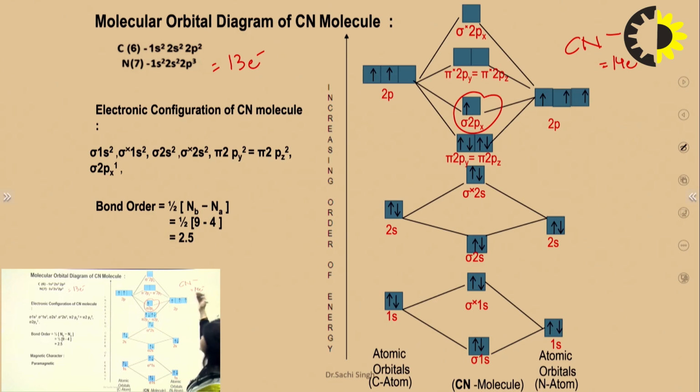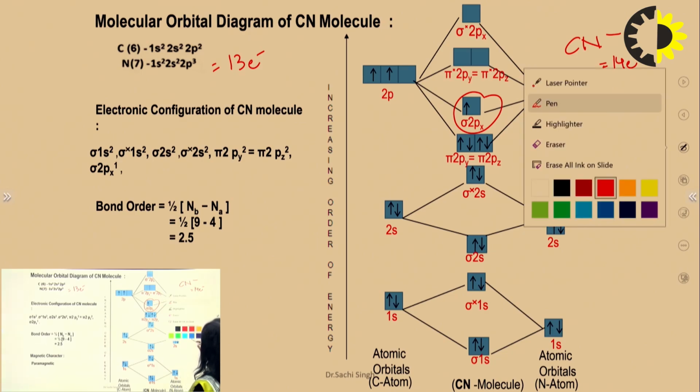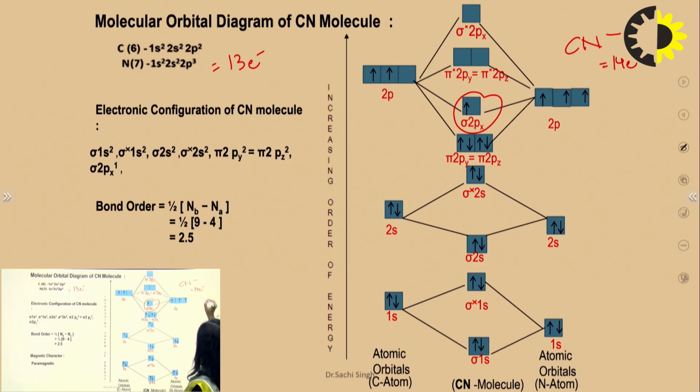So in the case of CN minus, what changes here? 1 electron is added on that side. Can change the color. Now the bond order is changed.